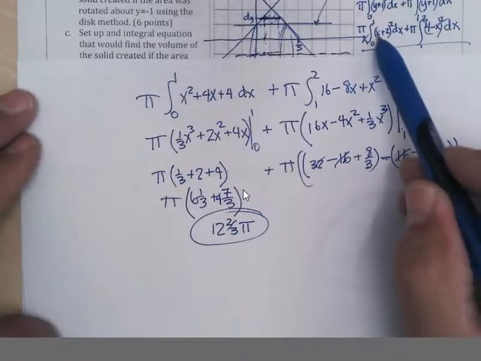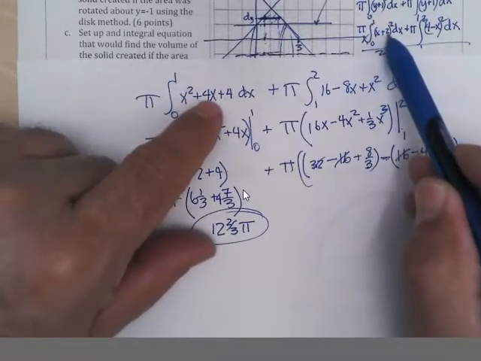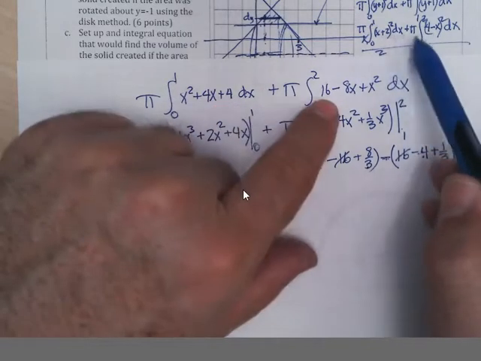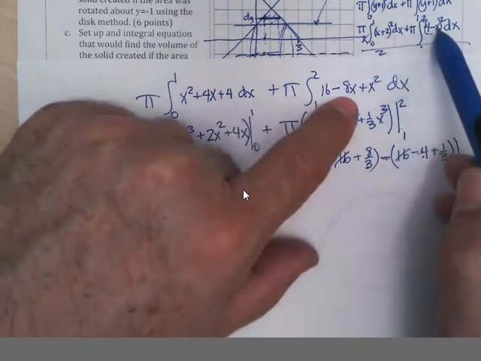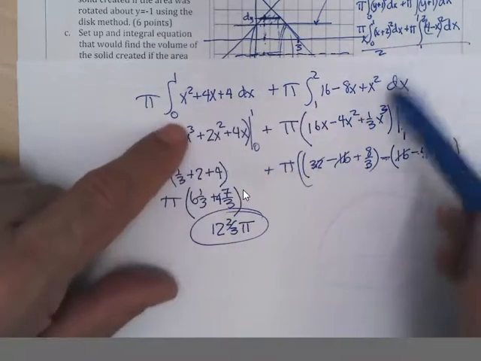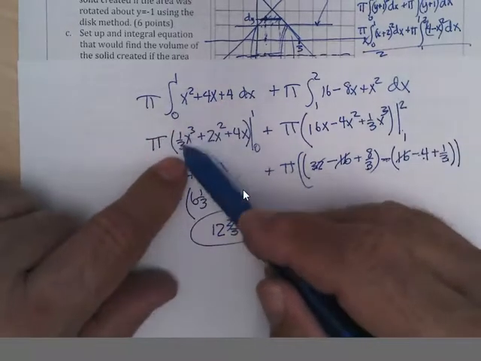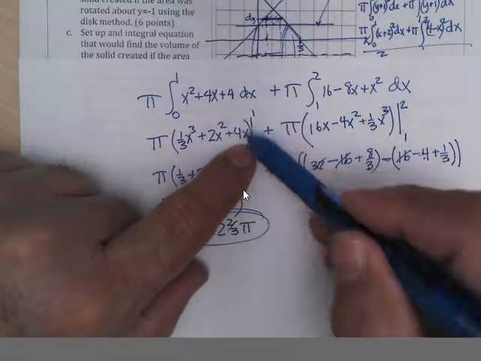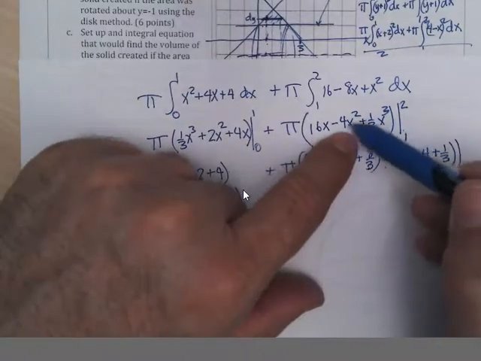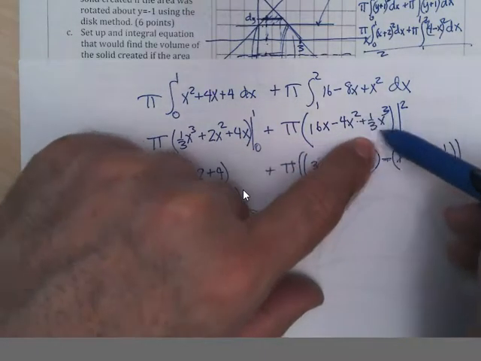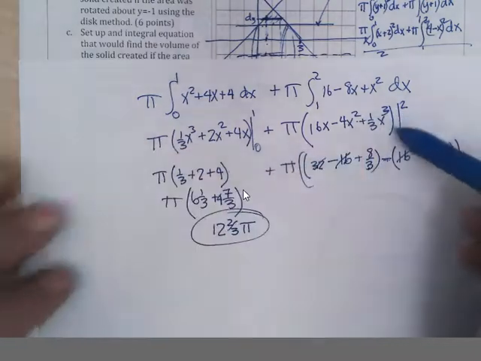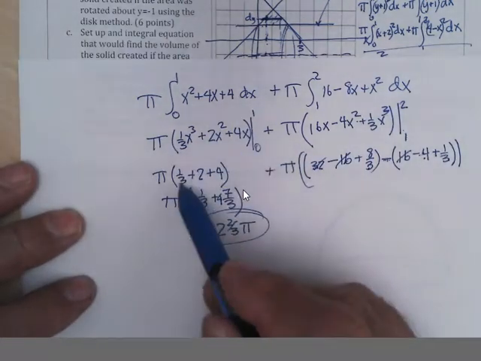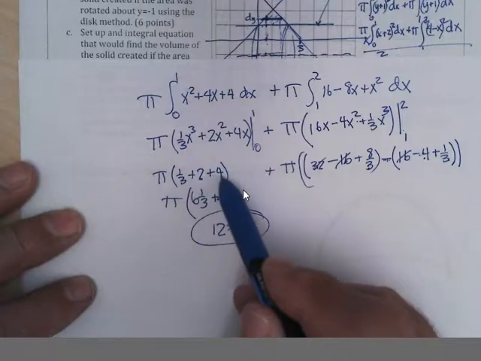And you can check also, so that's x squared plus 4x plus 4, squared, 16 minus 8x plus x squared, 1/3 x to the third, 2x squared plus 4x, 16x minus 4x squared plus 1/3 x cubed. And if I put in 1, I get 1/3 plus 2 plus 4.